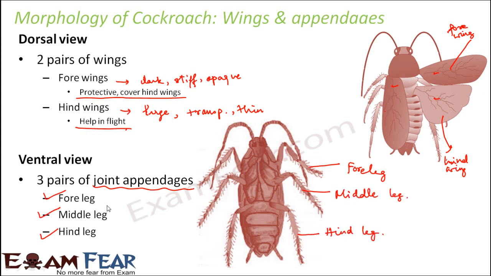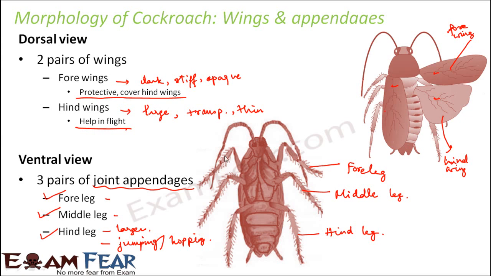There is a little similarity between the foreleg and the middle leg. However, the hind leg is modified for jumping and hopping purposes. Hind legs are quite larger when compared to the foreleg and middle leg, and they are used for jumping or hopping. You would have seen a cockroach can even jump a bit. That is due to this modified hind leg.